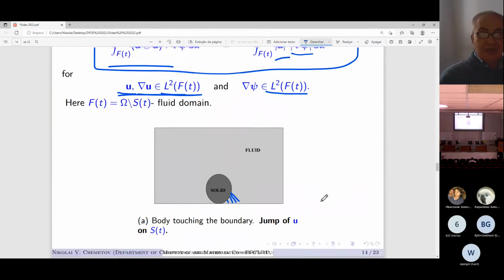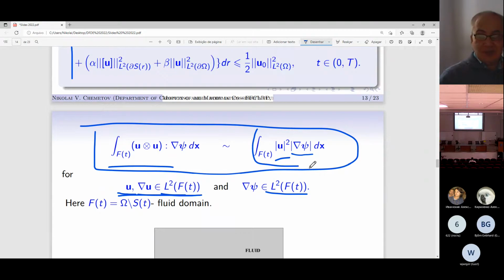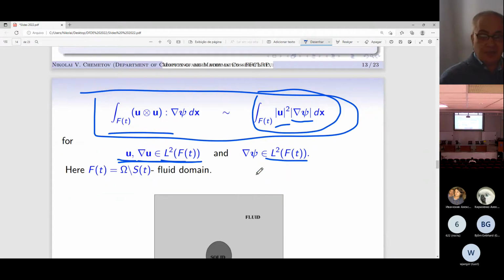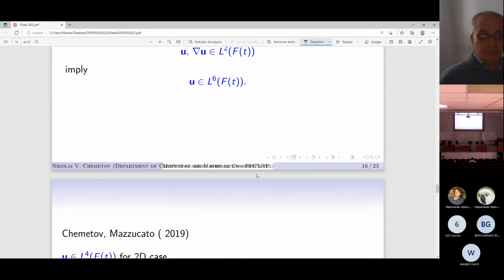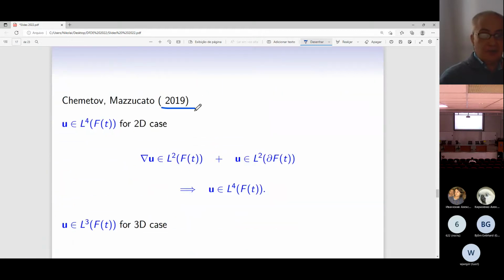As a consequence, in this case, it's possible to say that the first difficulty that we have is exactly with the convective term. For it, with Anna Mazzucato, we have published this year a first result related to this problem.